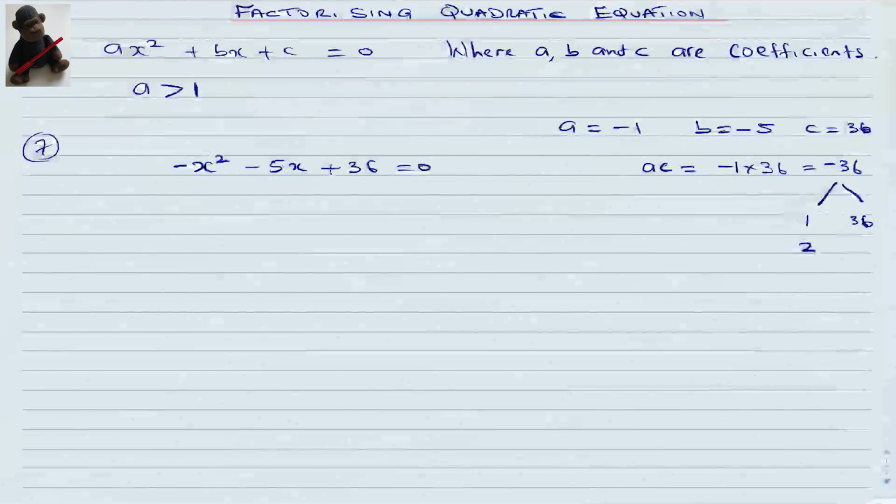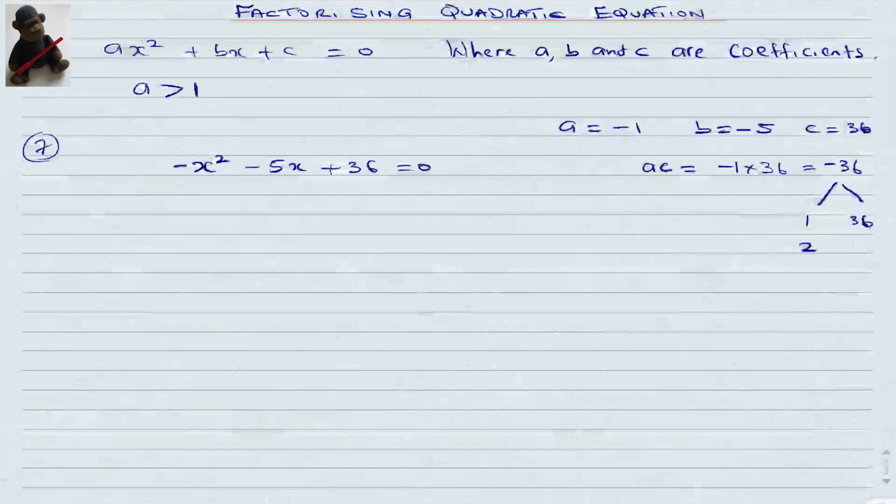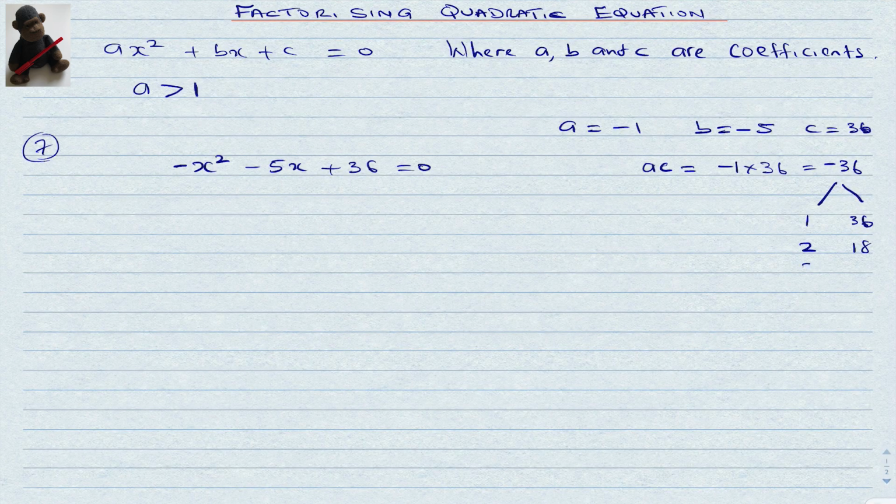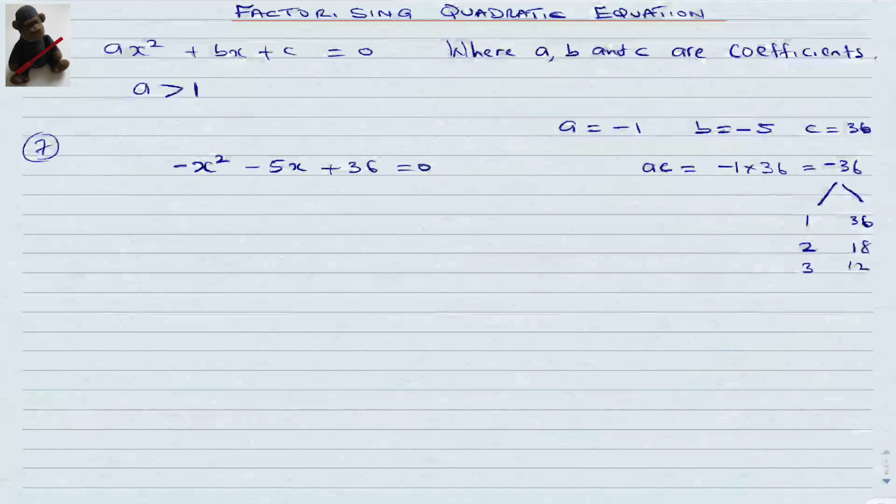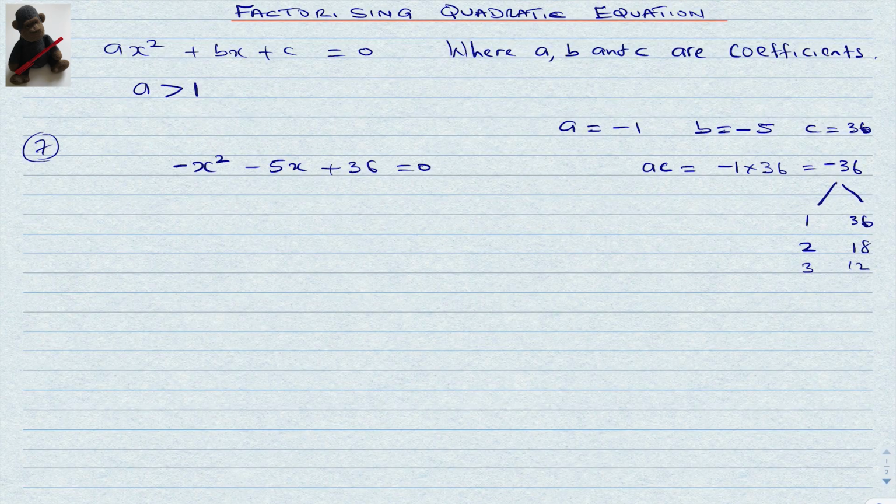Right, so let's try 2 and 18. Well, 2 and 18 won't work either. So let's try 3 and 12. 3 and 12 will not work either. So shall we try 4 and 9? 4 and 9.